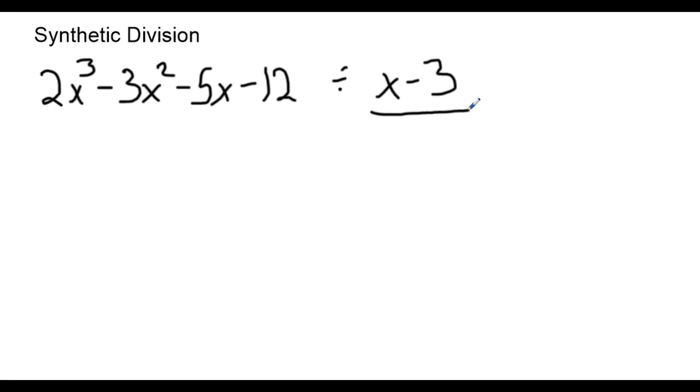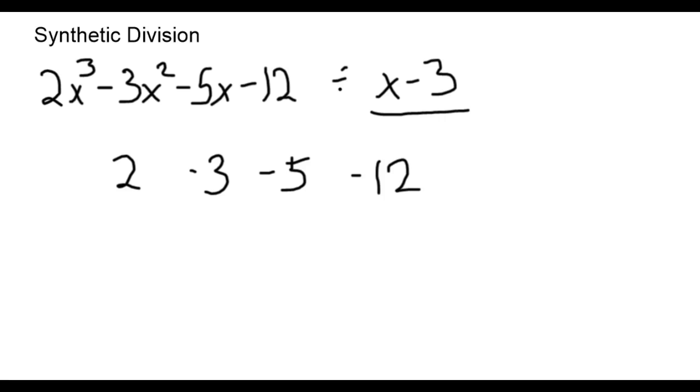Linear meaning the exponent on our variable is 1, binomial meaning 2 terms. So it must be a linear binomial for this to work. Okay. And what we're going to do is take the coefficients of our polynomial and list them. So we have 2, negative 3, negative 5, and negative 12.